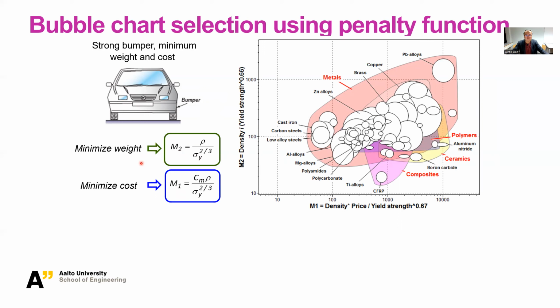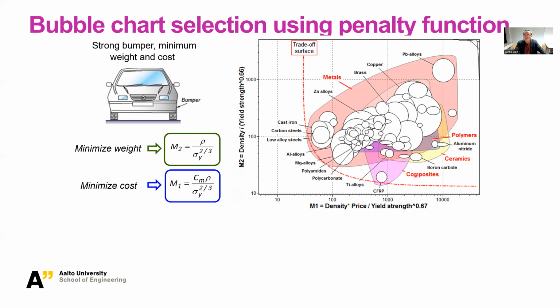So M2 is related to weight, and this is the rho over sigma y, and the M1 is related to cost. This is the Cm times rho over sigma y. So you need to pay attention to this. And as you can see, we can still construct our trade-off surface looking exactly like this. And these are all the, let's say, local minimums.